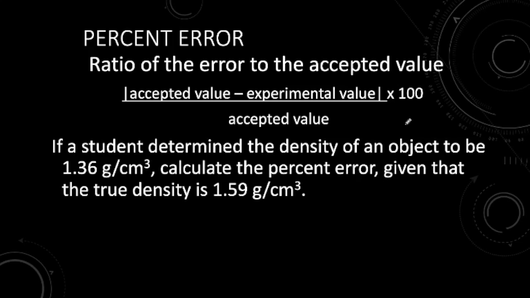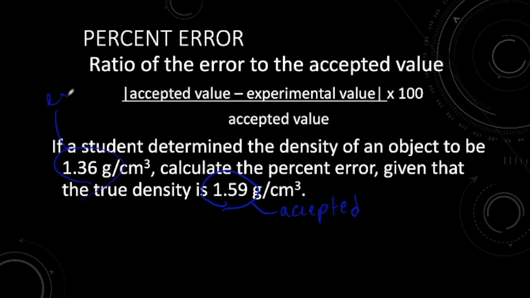If a student demonstrated the density of an object to be 1.36 grams per centimeter cubed, calculate the percent error given that the true density is 1.59 grams per centimeter cubed. Okay. So in our case, we know that the accepted value is this. This is our accepted. And that our experimental is this.